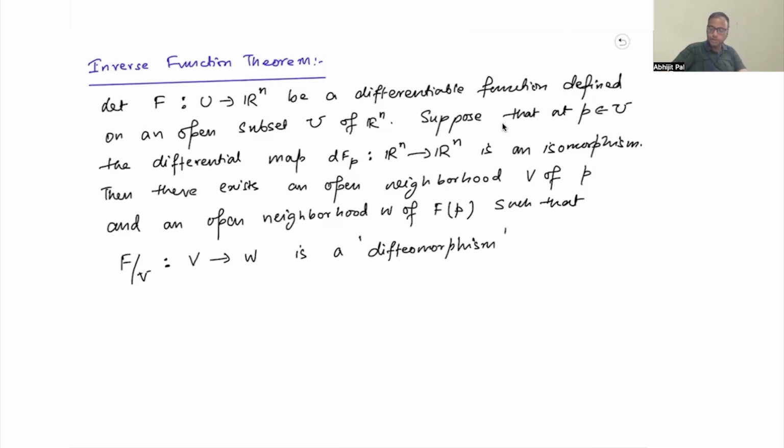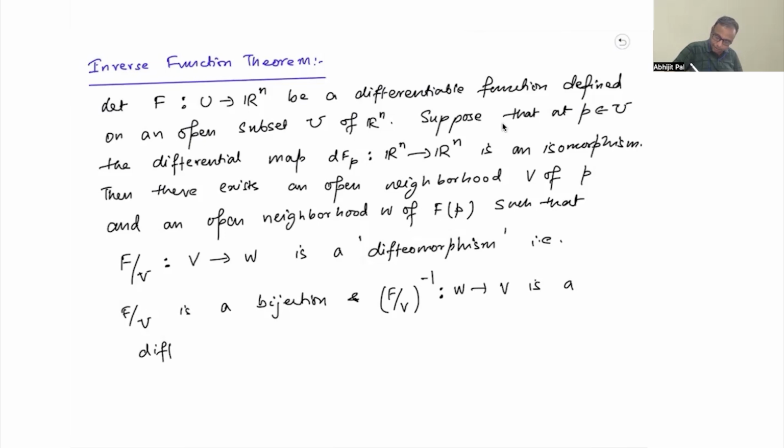So diffeomorphism means that f restricted to B is a bijection, and the inverse of f restricted to B is automatically a differentiable map, because we started with a differentiable map f. So the inverse of this map, which is from W to B, is a differentiable map.